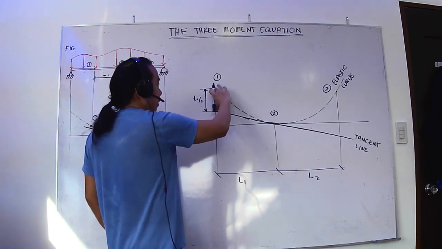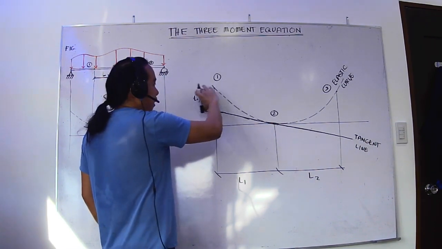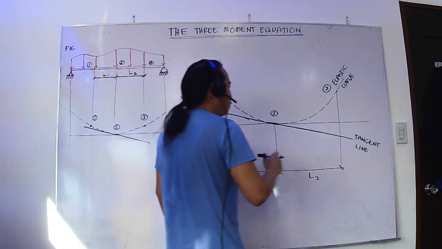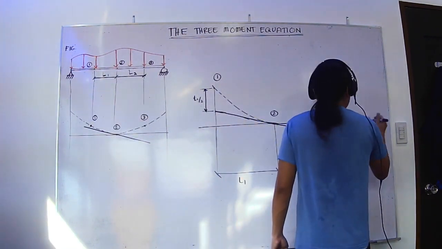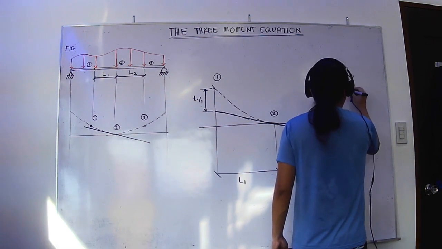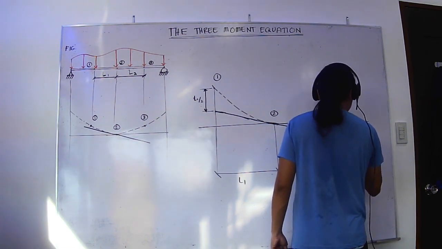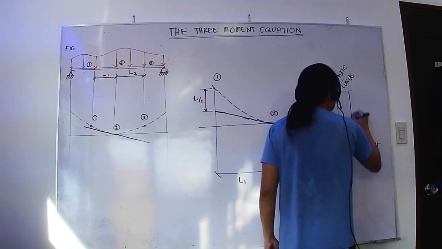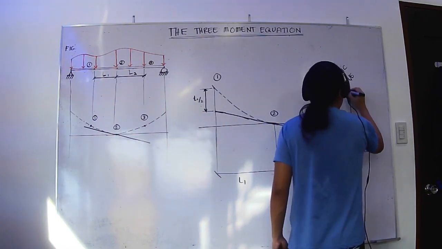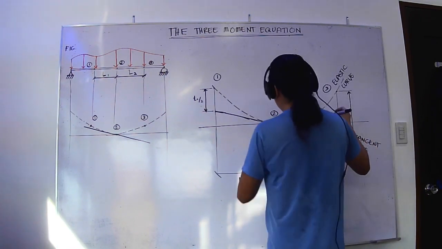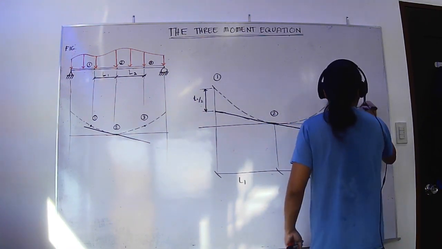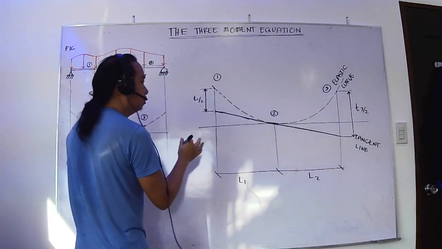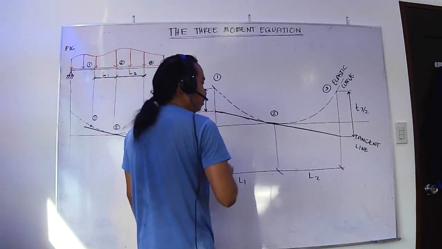So it deviates, and that amount is what we call our tangential deviation, from our moment area theorems. Likewise, here is another tangential deviation. Again, this is our tangent line, and this is our point 3. So this should be labeled T2. So, T1,2 and T3,2.